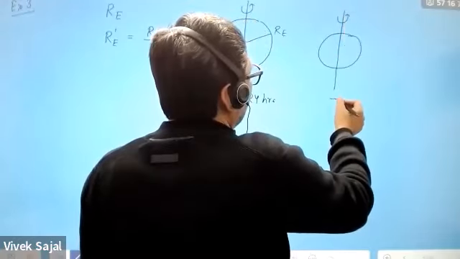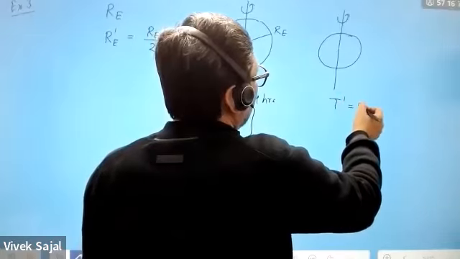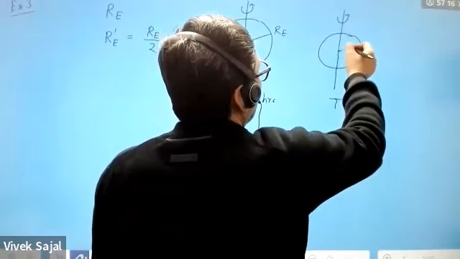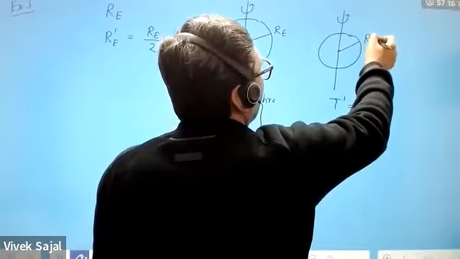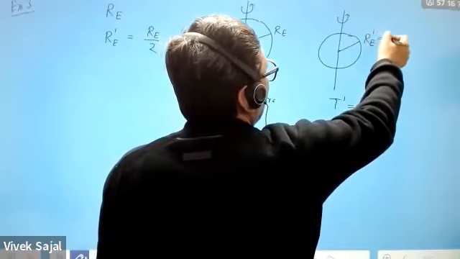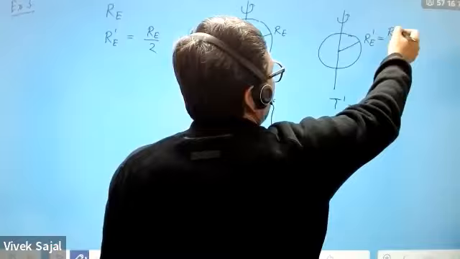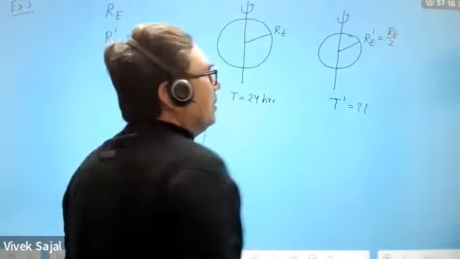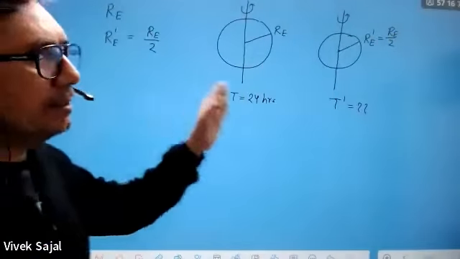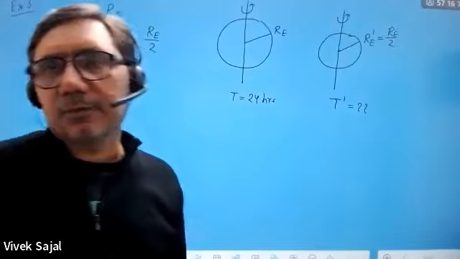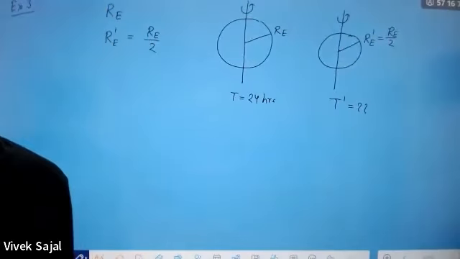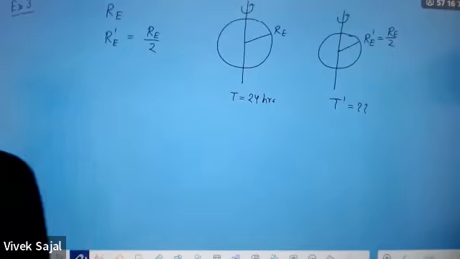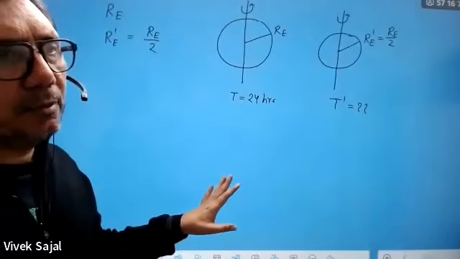So now what will be the length of the day? You want to find out T prime, where RE prime is half of the original value. Here no external torque is acting on the system. Whatever is happening here is some internal phenomena.